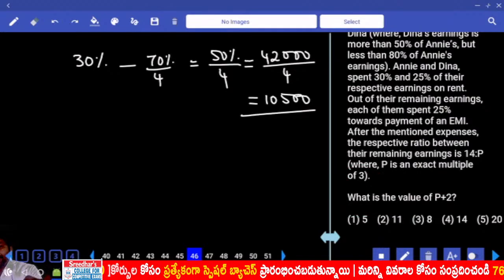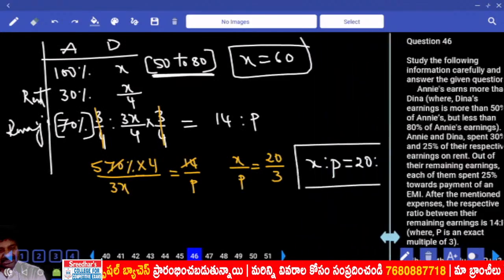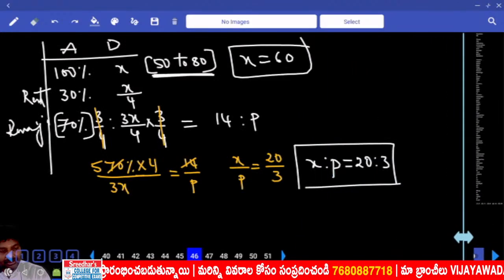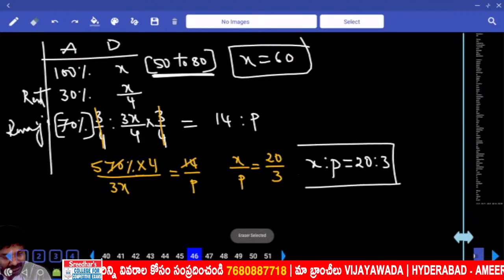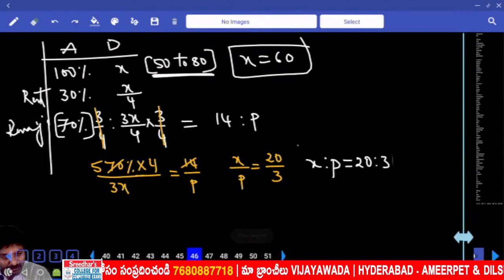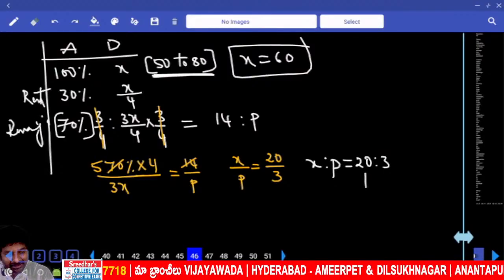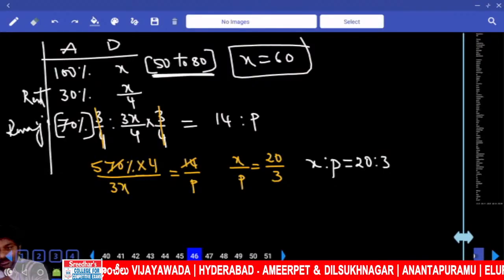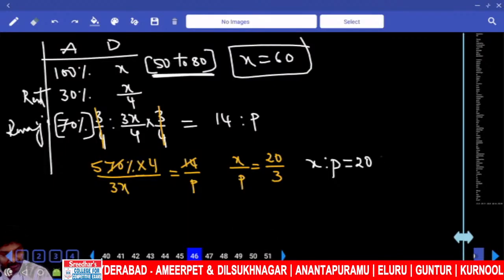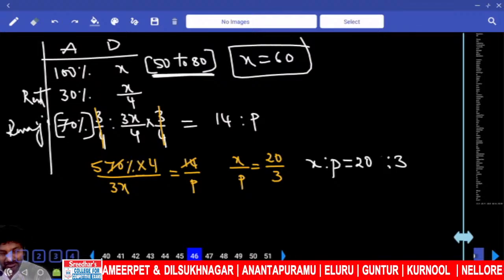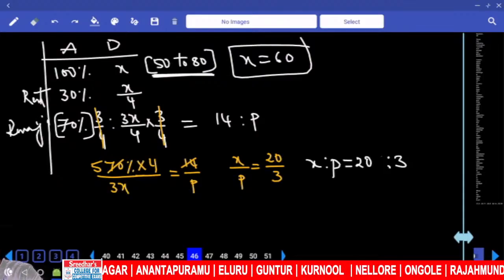What is the value of P plus 2? Wait. You know that x is a multiple of 20. Right? X is to P is equal to 20 is to 3. 11 answer. Because we have P here, I don't want to consider in terms of parts because you may get confused.